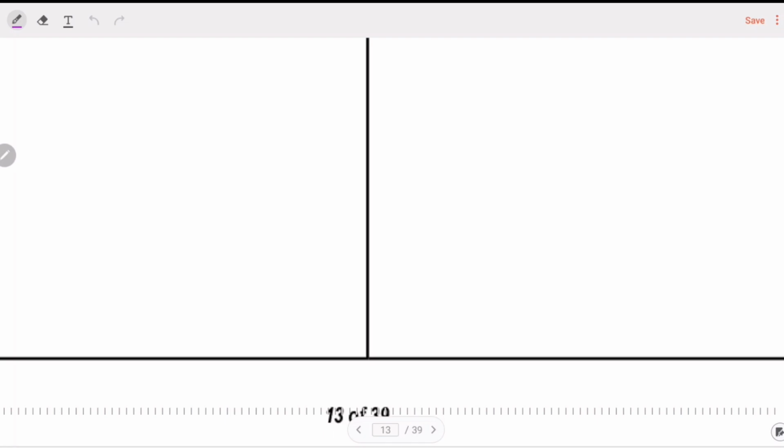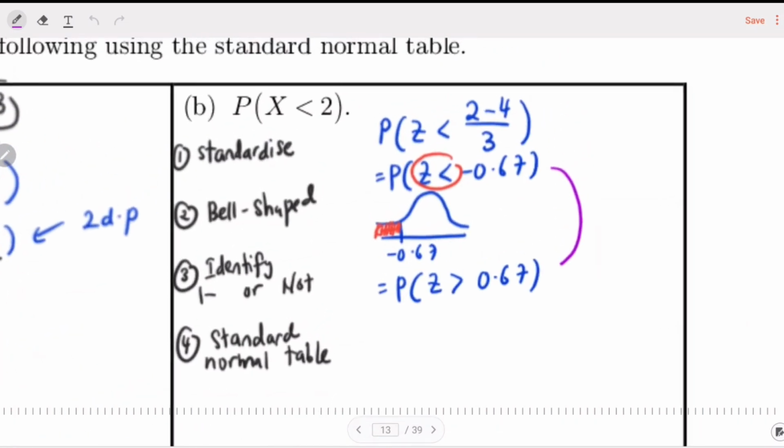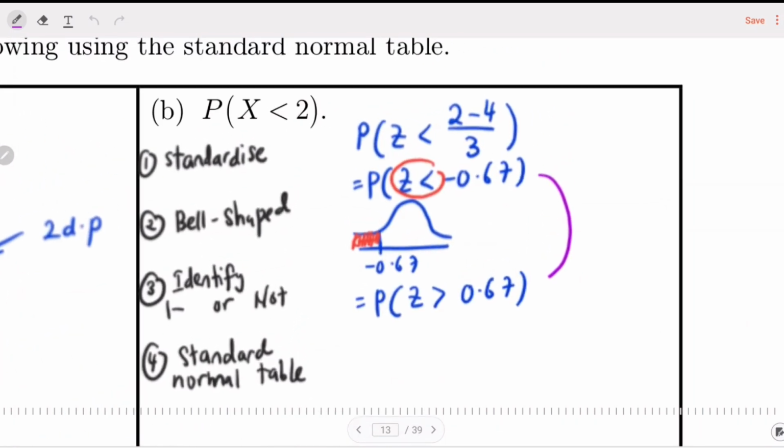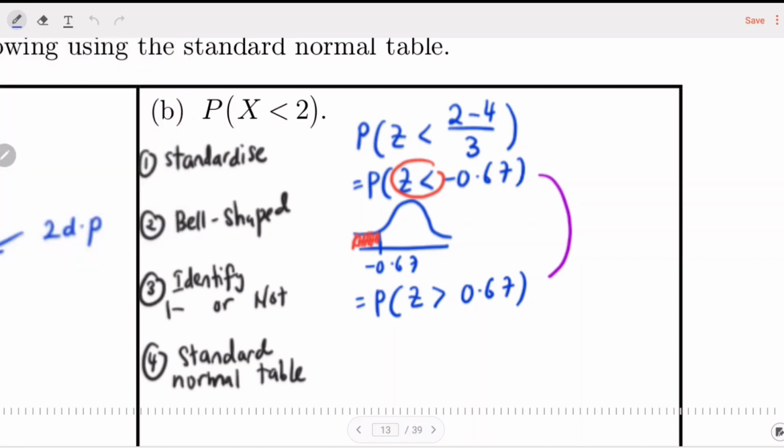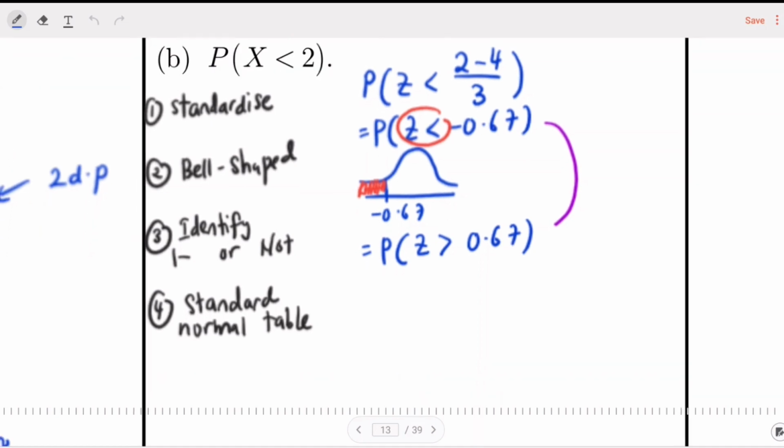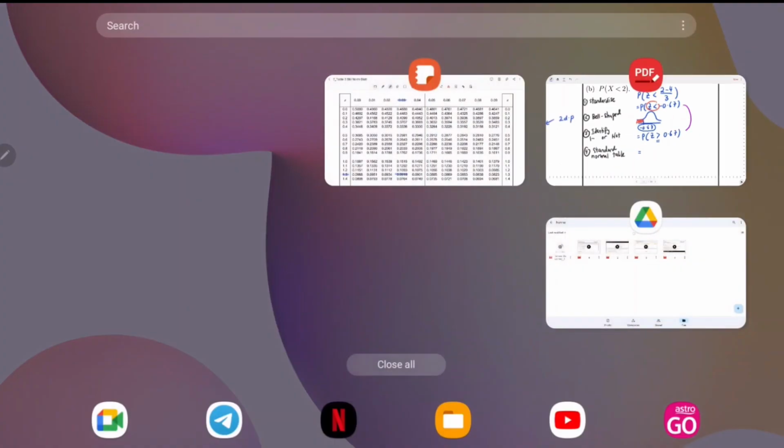So that's why the probability for z less than negative 0.67 is actually equal to probability for z greater than 0.67. Or just simply put it greater than and take the value here but make it positive in order to use the standard normal table. And then the last step is to take a look at the standard normal table for 0.67.